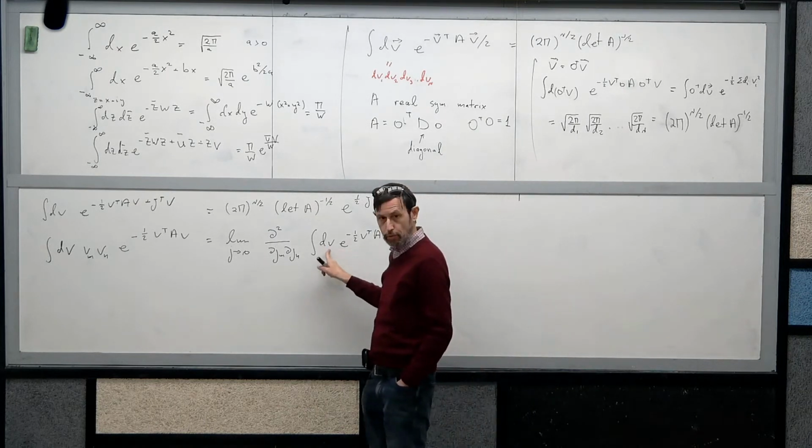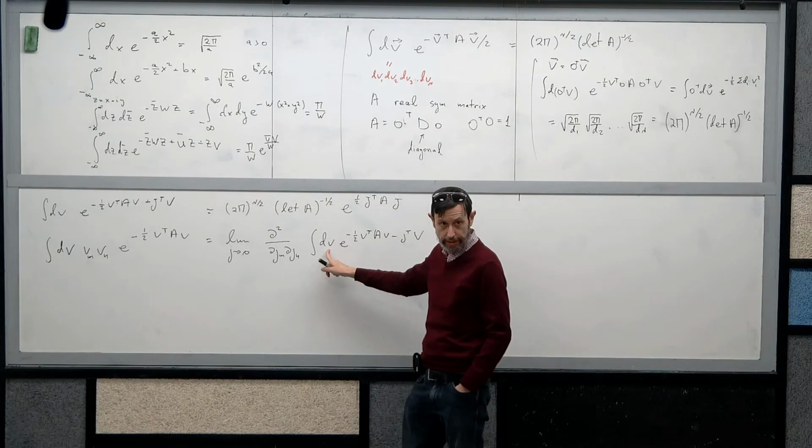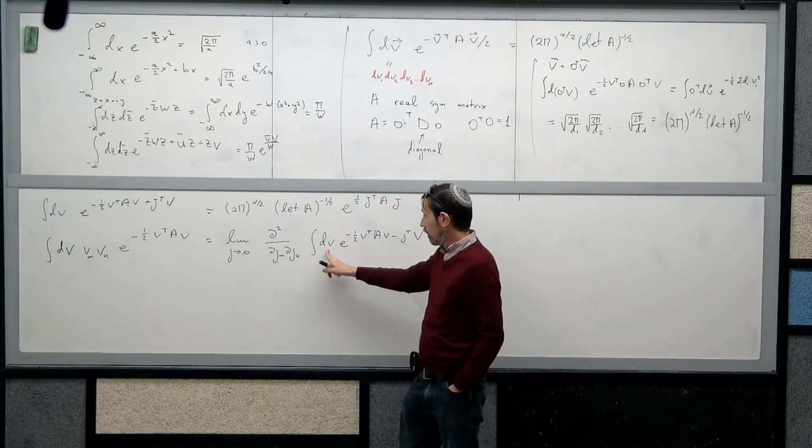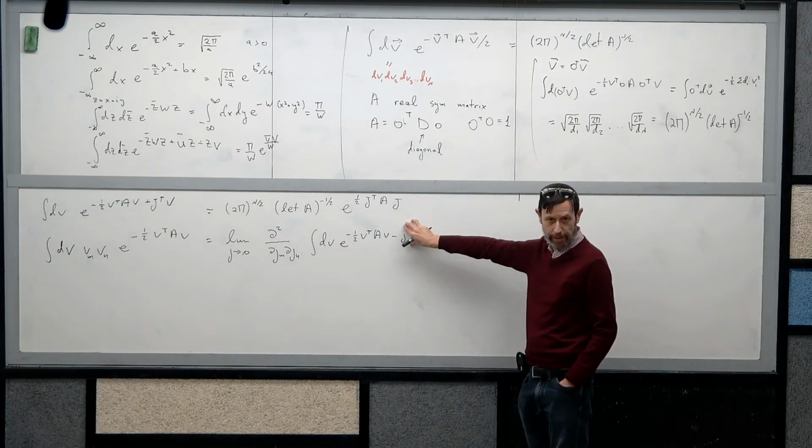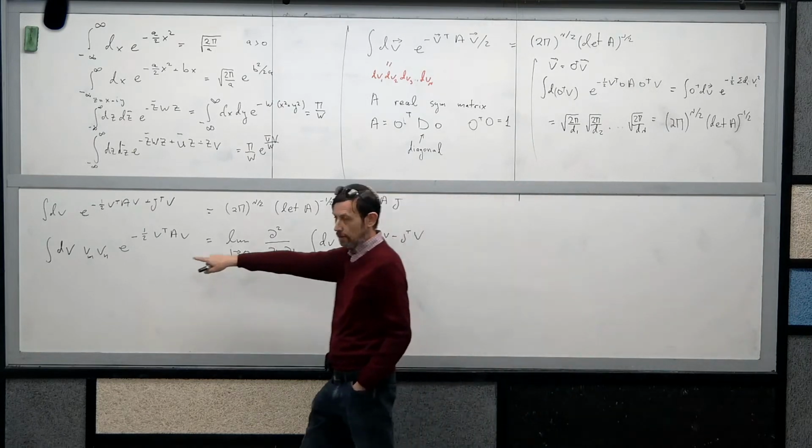So it will move down vm, vn. And when I'm taking j to 0, I'm losing this part. And back to this integral.